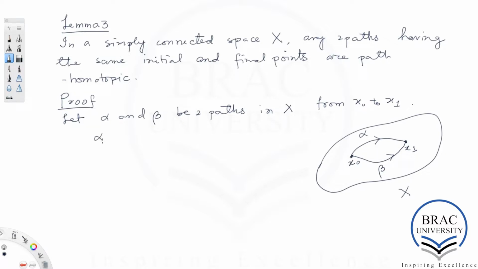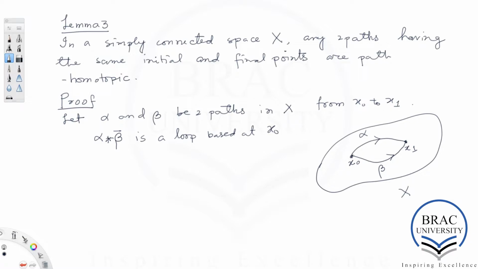So it is immediate that alpha star beta bar, where beta bar is the reverse of beta, makes sense, right? This is a loop based at x0.